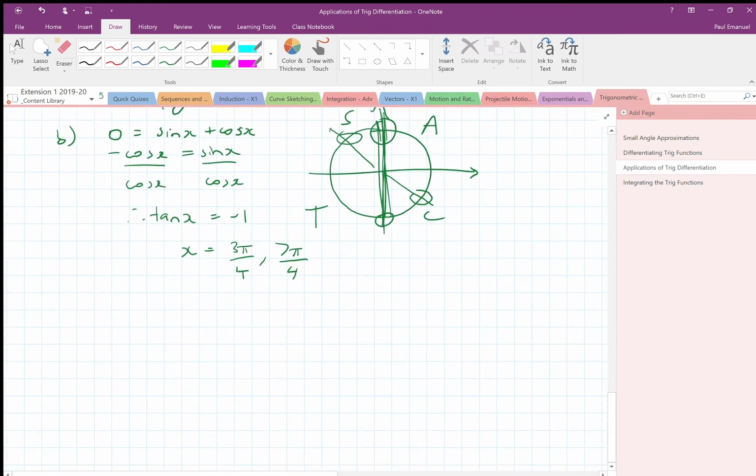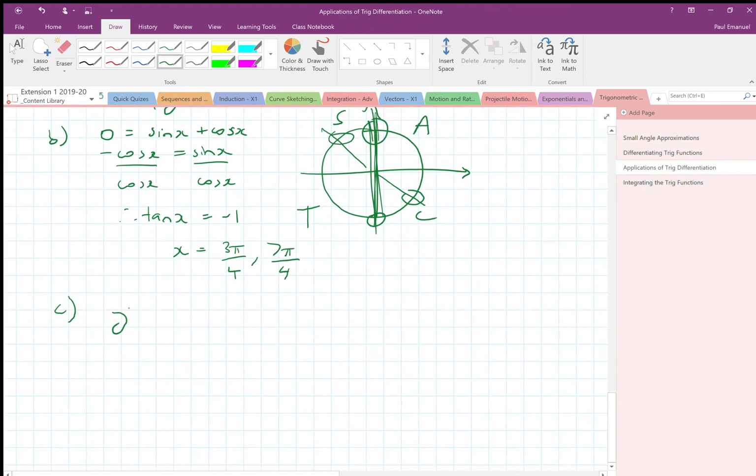Stationary points. So y dash is cos x minus sine x, and that equals 0. When I do exactly the same thing I did before, I end up with tan x equals 1, because I add sine x across, and then I divide by cos x. So that gives me x is pi over 4, or 5 pi over 4.